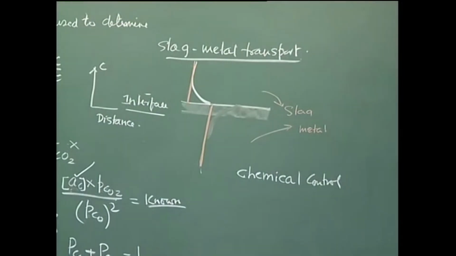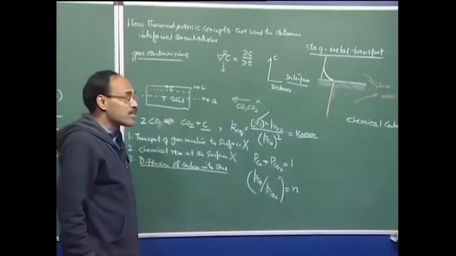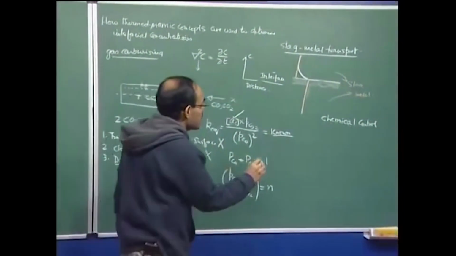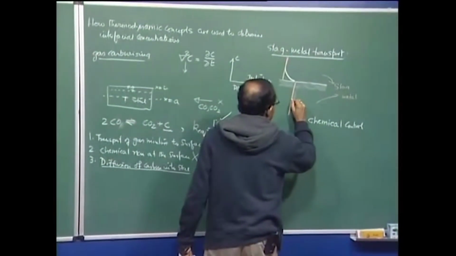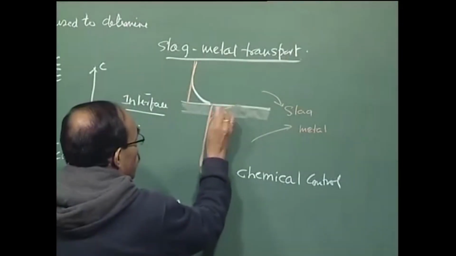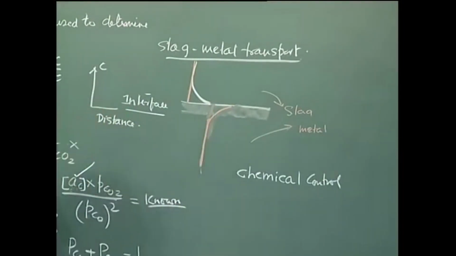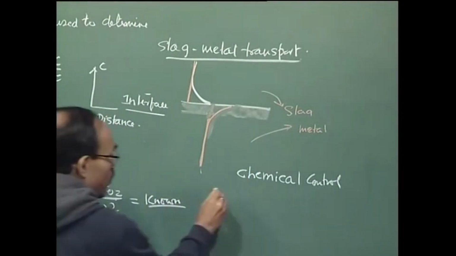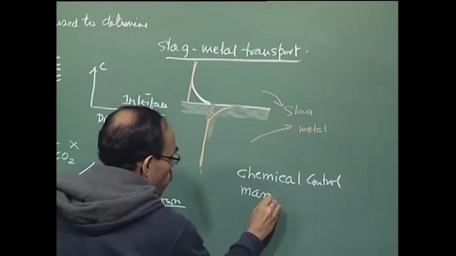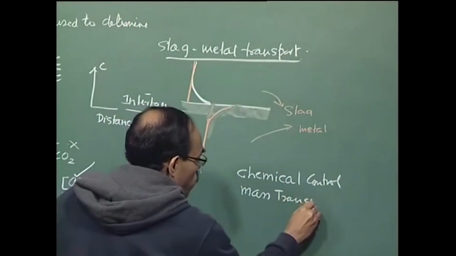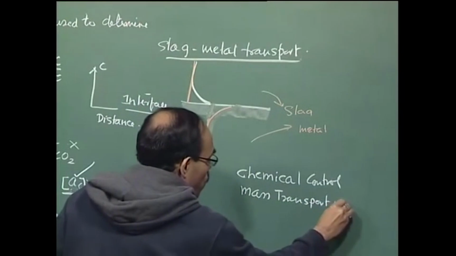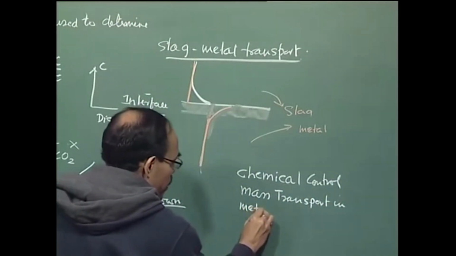On the other hand, if mass transport is rate limiting in the metal phase, I will say that this goes like this. This is case 2, which I would say is mass transport in metal phase rate limiting.